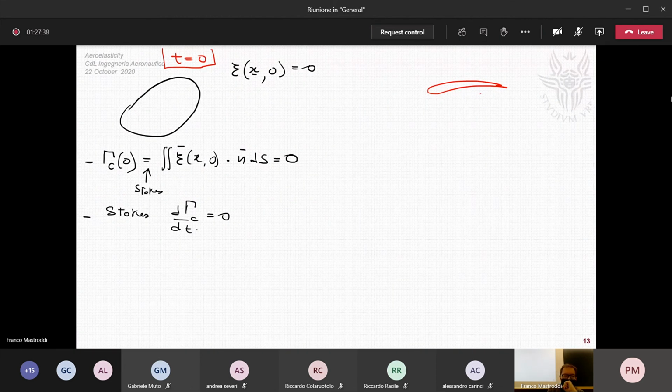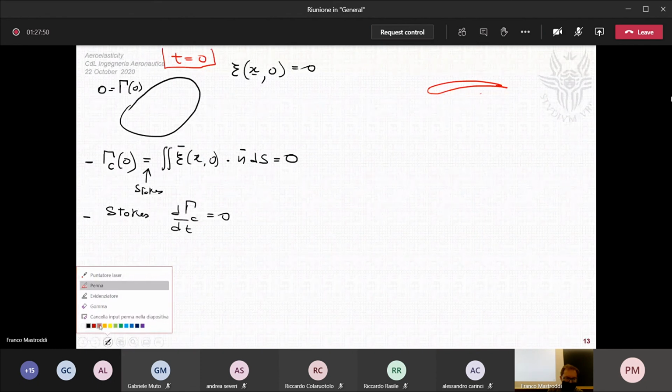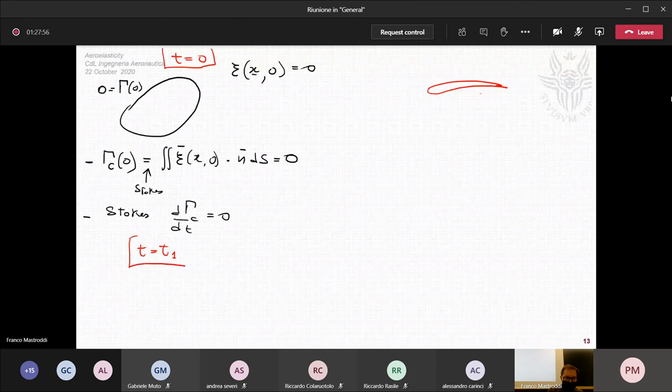And therefore, in this time, I have gamma 0 equal to 0. And next time, go ahead, in t equal to t1, what happens? Which is the mover of this development?